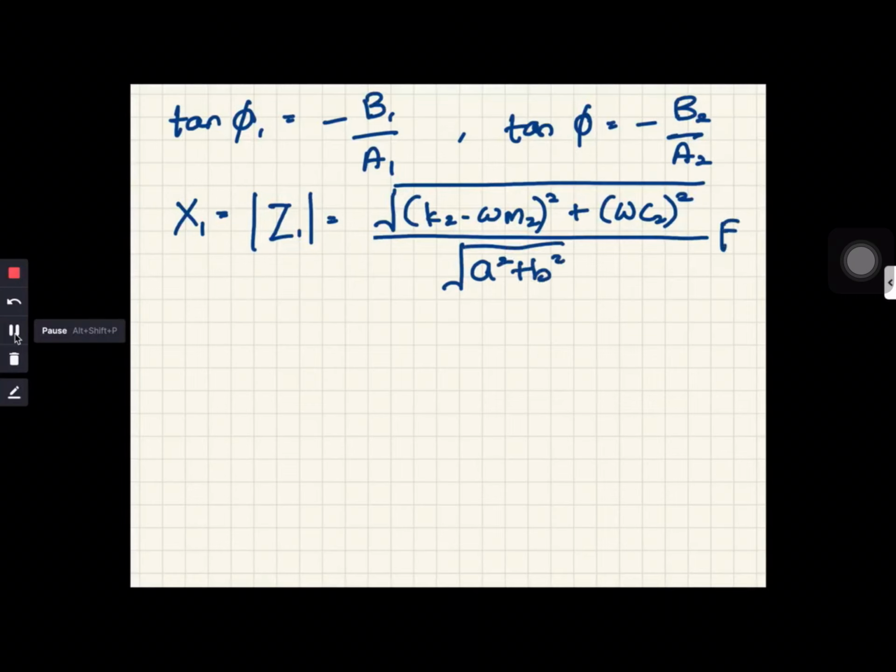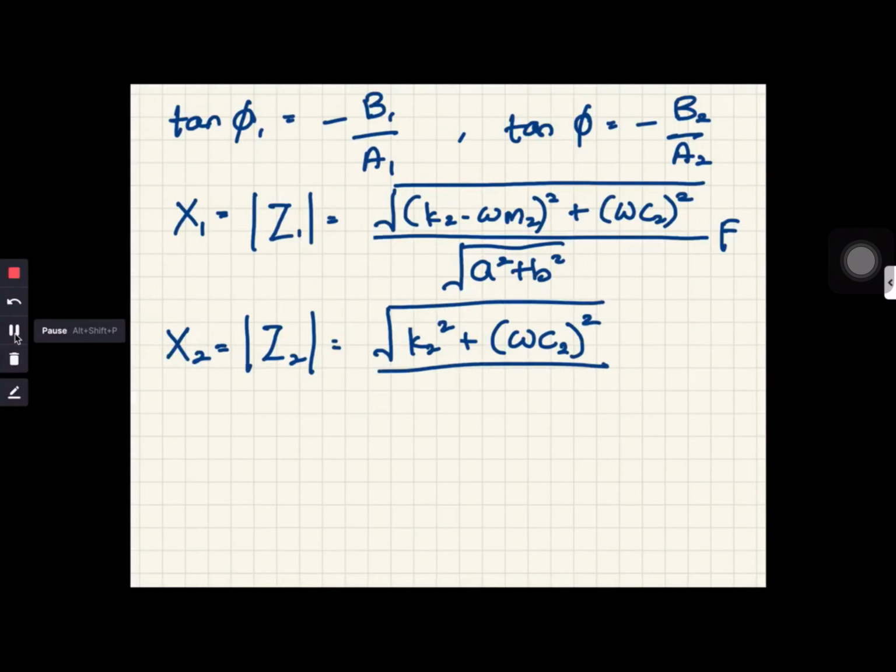I'll show you what is A and what is B. Okay, so this is just a shortcut for it. And then x2 will be the absolute value of Z2, this will be square root of k2 squared plus omega c2 squared divided by square root of A squared plus B squared, times F.